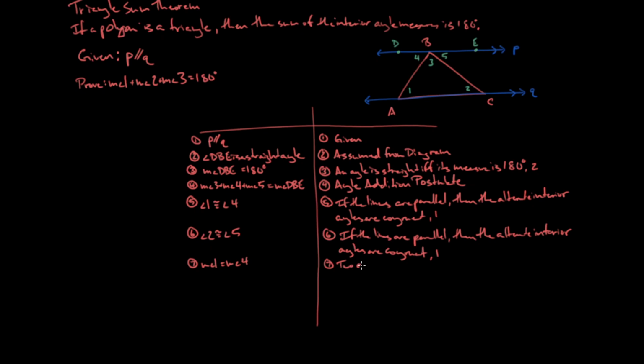Two angles are congruent if and only if their measures are equal. And that comes from 5. And I'll do the exact same thing for step number 8, just for angles 2 and 5. The measure of angle 2 is equal to the measure of angle 5.